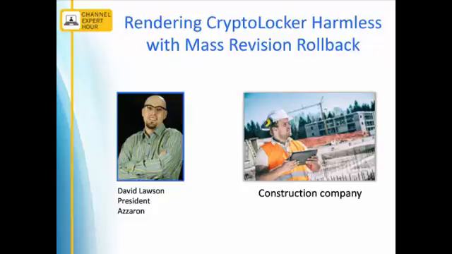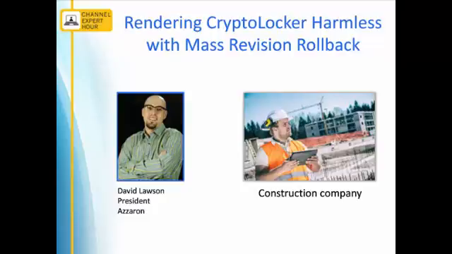This particular customer has a large on-premise installation with file server enablement, and then they have desktops as a service in the cloud, and so another file server there, and they got infected at their primary location. CryptoLocker started eating its way through files.